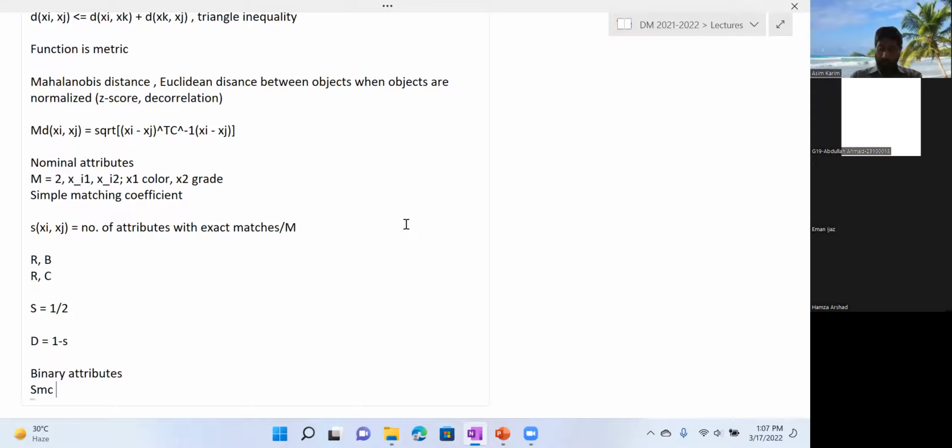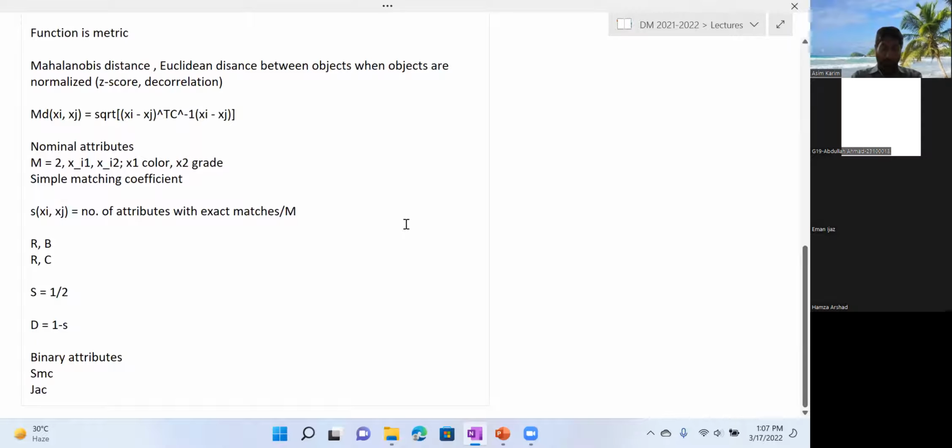Do you remember those measures? We talked about, for example, the Jaccard coefficient. We talked about the Sorensen-Dice. We can also compute the cosine and so on. All of these measures can also be used to quantify similarity when you have binary attributes.